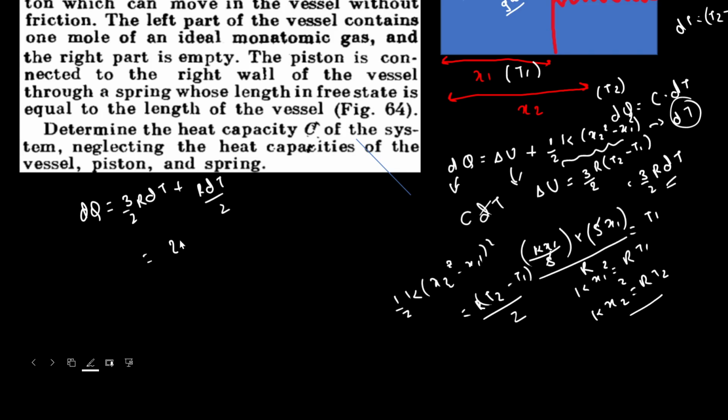That is 2R dT. Now we can write dq as C dT. Again, dT gets cancelled and C equals 2R. The main task was to jot down this form in terms of dT and R. I hope you like the solution. Thank you.